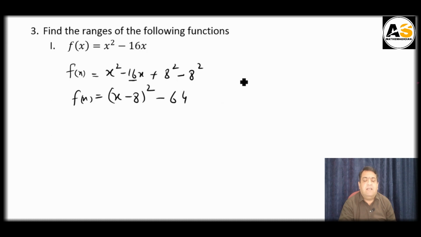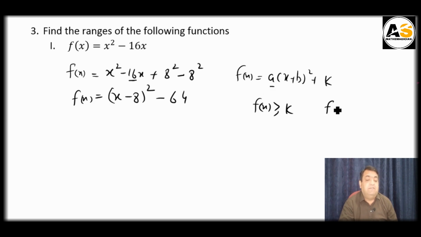So remember our lesson, any function of the form f is equal to a times x plus b whole square plus k, f of x is greater than or equal to k will be its range if this a is positive, and f of x is less than or equal to k will be its range if this a is negative. In this case, a is 1, positive over here, so its range is f of x is greater than or equal to minus 64.